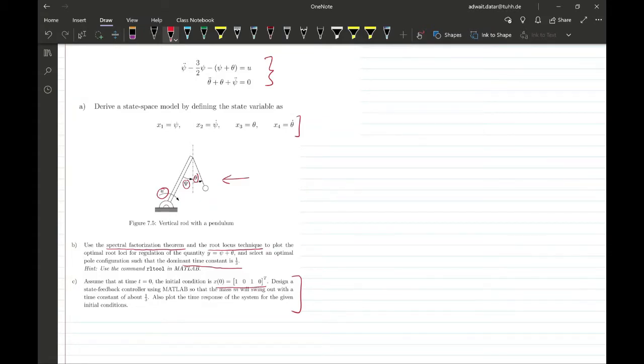So now let's start with the first part, which asks us to derive a state space model for the given system.